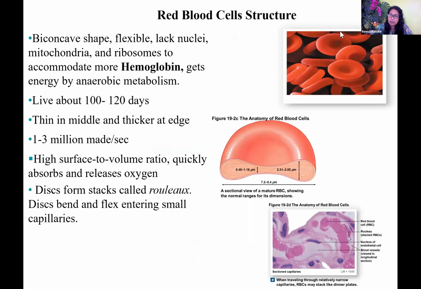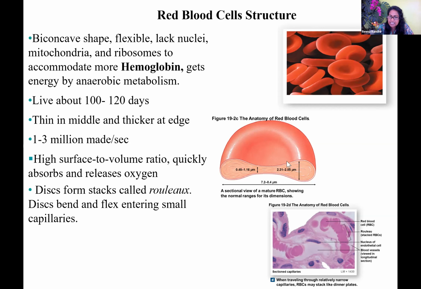It looks like a little donut, bright red donut. It has a depression in the center. If you take the cross section, you can see the red blood cell, which is about 7.2 to 8.4 microns in diameter, has a thick outer ring and is thin in the center.